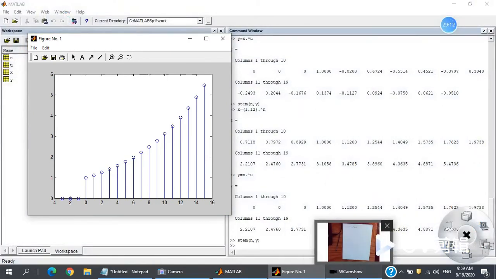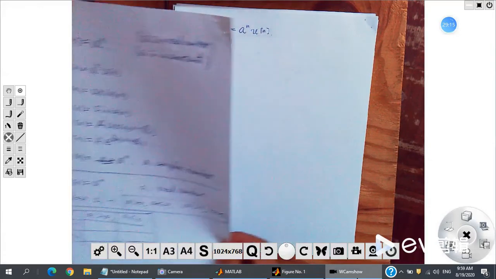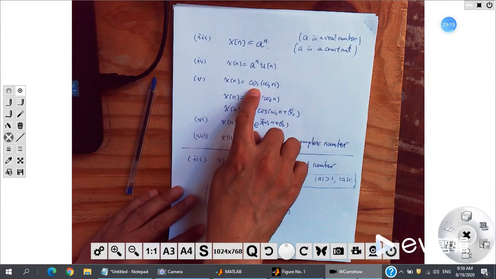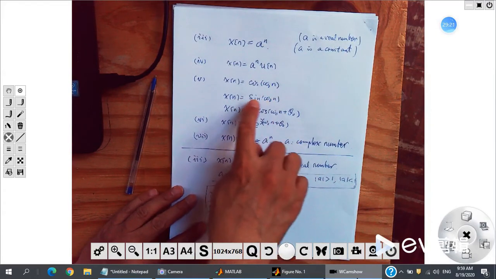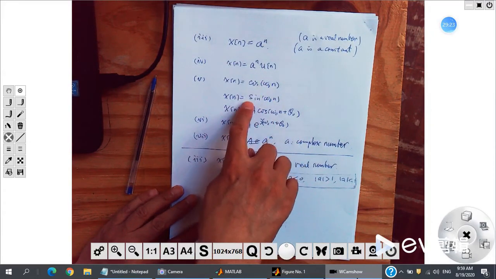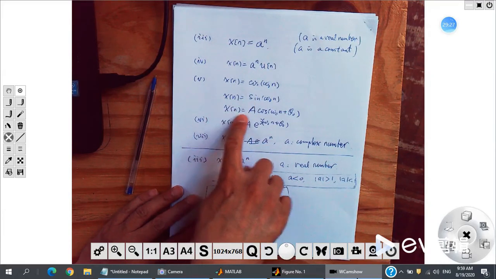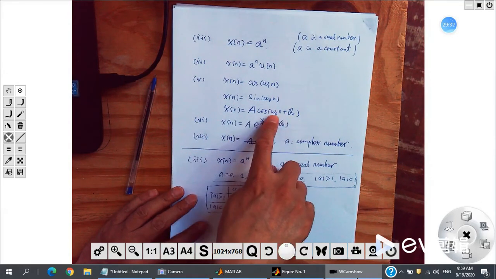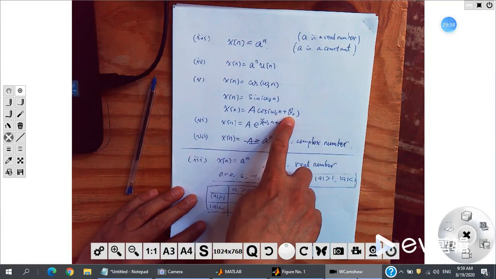Next one. This one we consider cosine and sine. These should be waveforms, right? And a more complex case is A times cosine with frequency and phase.